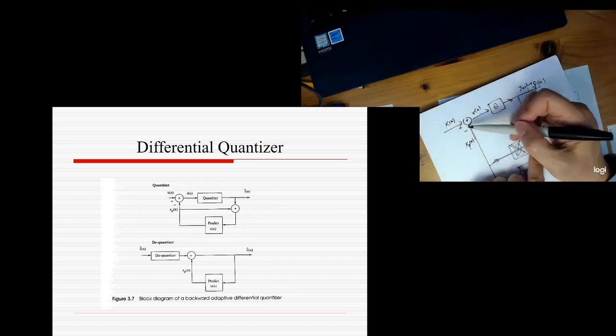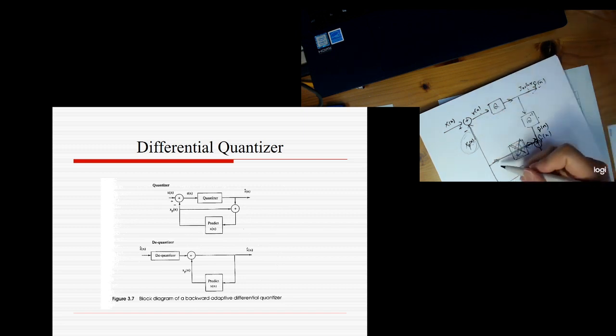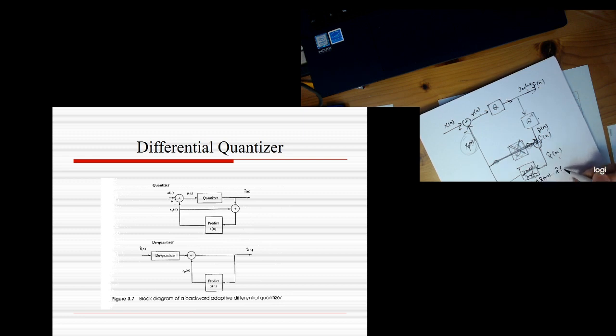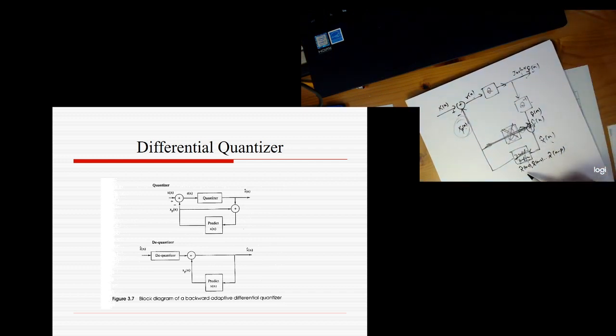We have to add this back, and the predictor is used accordingly. Later we add them together to recover the current signal and put it in the buffer. Then we use S hat of n-1, S hat of n-2, up to S hat of n-p, do the linear combination to generate the prediction. They are put in the buffer, then we do the linear combination and the prediction. You can see it like this.